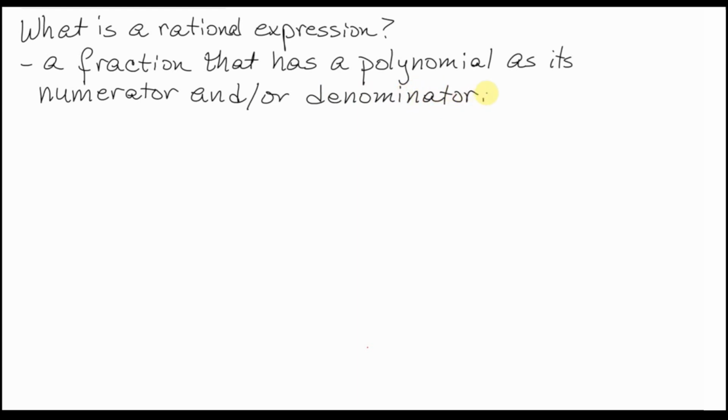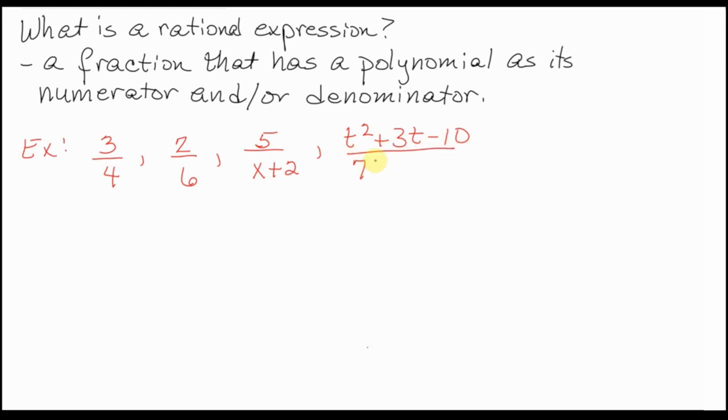Let's look at some examples of a rational expression. 3 over 4 is a rational expression. Z over 6. 5 over x plus 2. T squared plus 3t minus 10 over 7t squared minus 4.